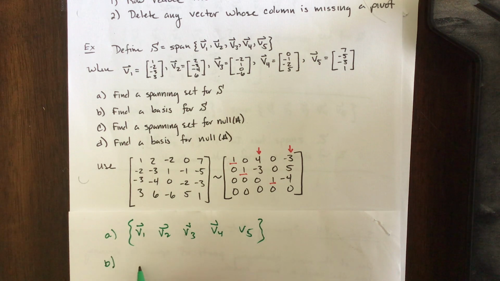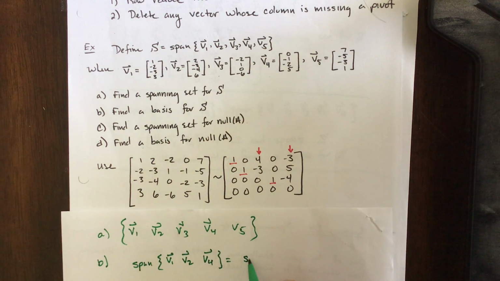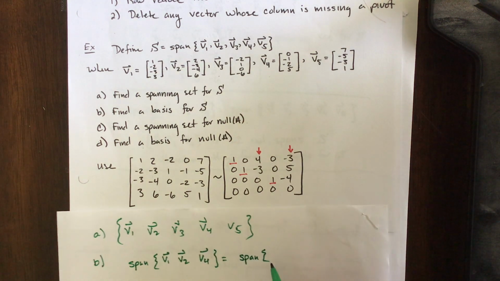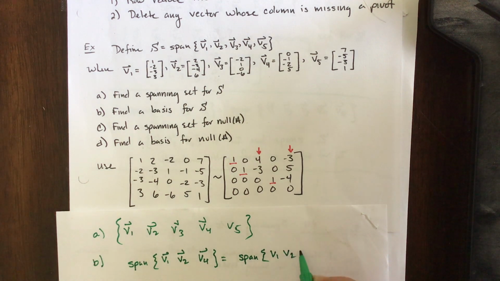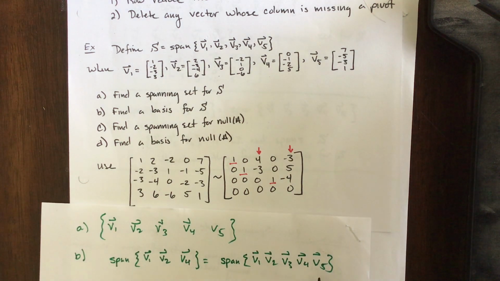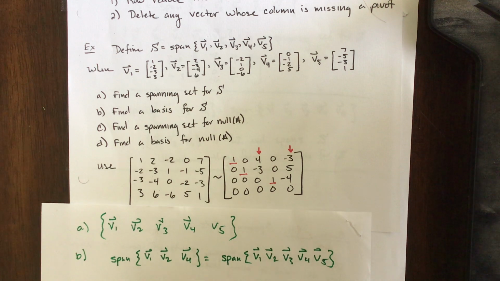The span of vectors 1, 2, and 4 is equal to the span of vectors 1, 2, 3, 4, and 5, because 3 and 5 are the redundant vectors. And because these vectors span S, then this set of vectors also spans S.